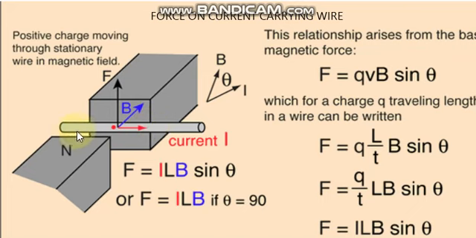Thus, when a conductor or a current carrying wire is placed in a magnetic field, it will experience a magnetic force. And to derive the value of that magnetic force acting on this current carrying wire, we will refer to this basic equation.